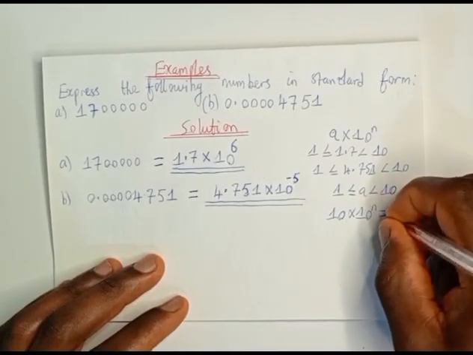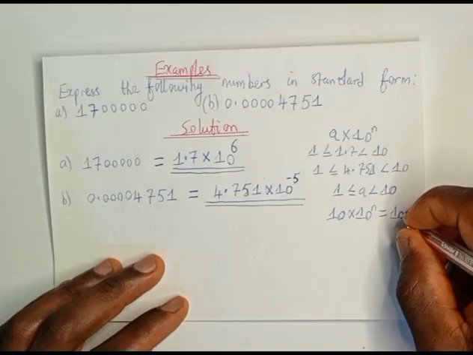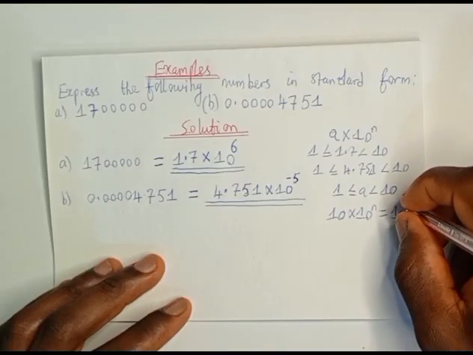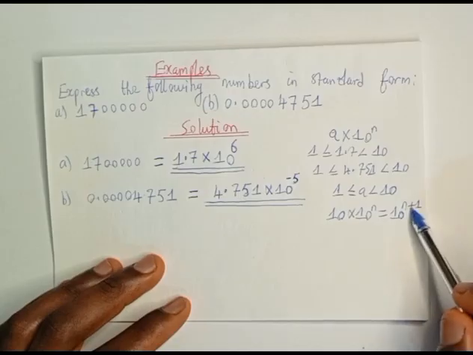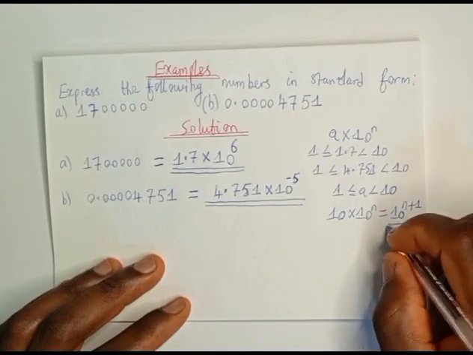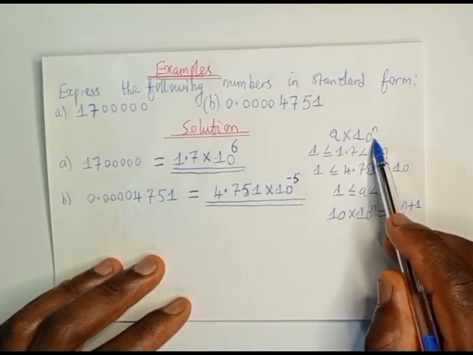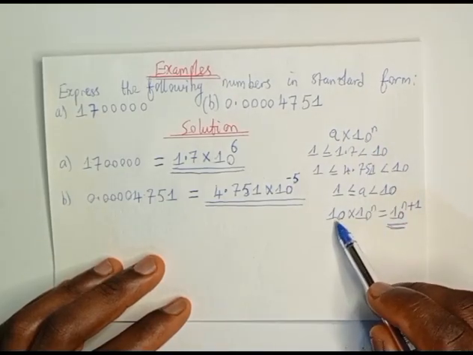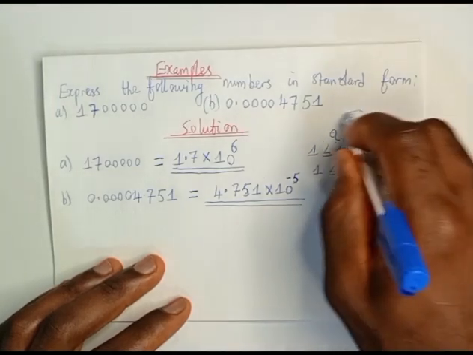Applying the laws of indices, this will give us 10 raised to the power n plus 1. In 10 raised to the power n plus 1, our a is absent, and this number is not in standard form. It is not of this form. That's why our a must be different from the number 10. You take note of this.